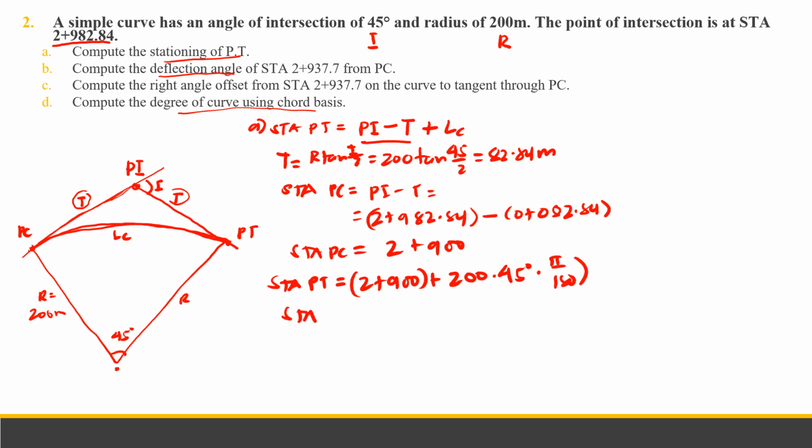So stationing ng PT is equal to 3 plus 057.08. So that is the stationing ng PT natin. So, this point, this is 3 plus 057.08.